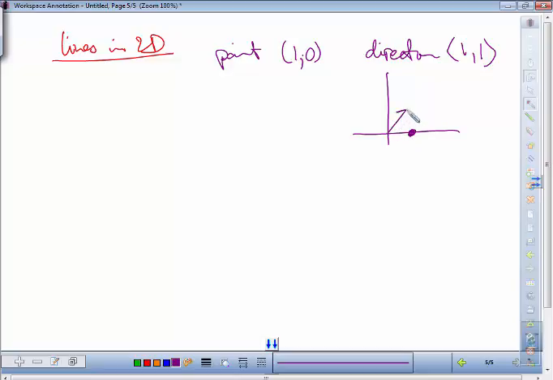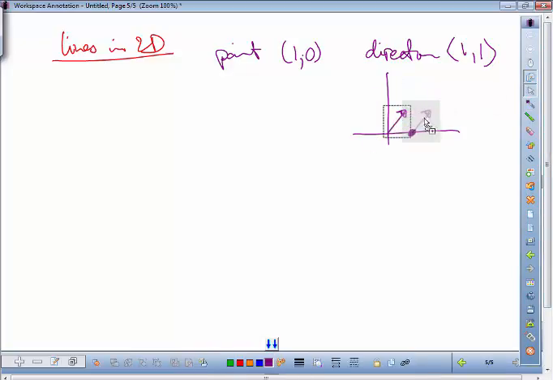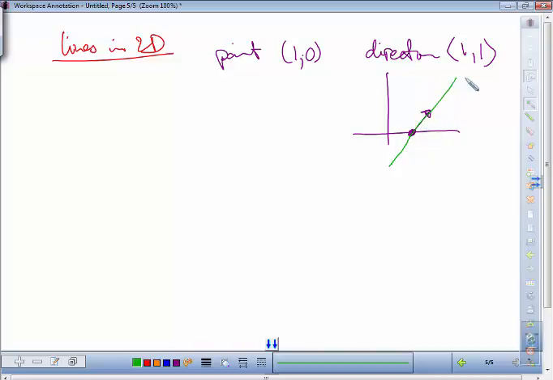Now I want this direction, but to make sense out of this, I'm going to translate this over to this point so that that's the line that I'm looking for. And we can find the equation of that line, right? I think this thing crosses the y-axis at -1. It has slope 1, so I think it's x minus 1 or something.